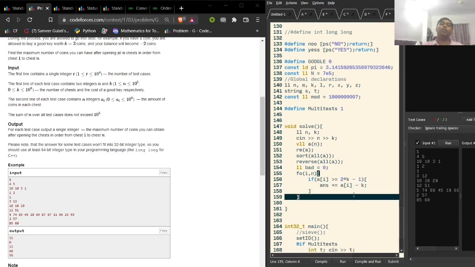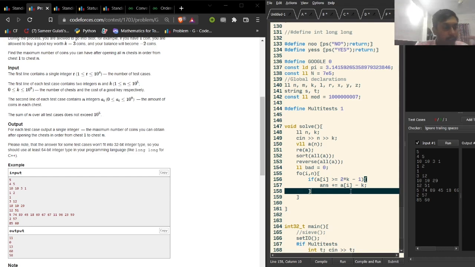Now if it is not true, if we have less than k coins, then we can have multiple less than k coins. Even if we use one good key, okay, wait, this good key will just help us for one particular one.